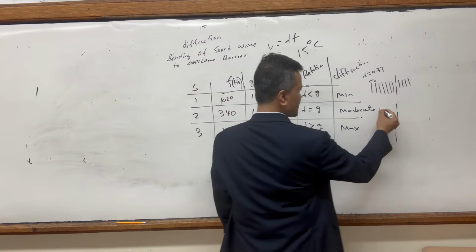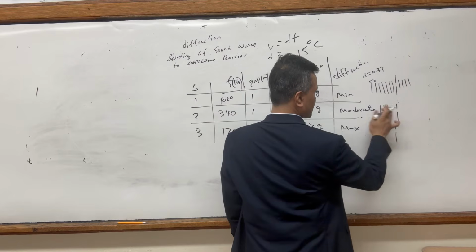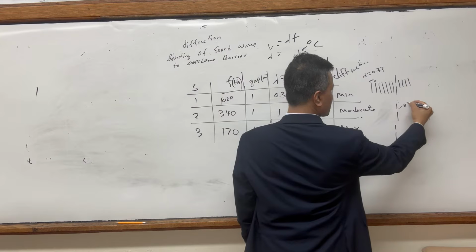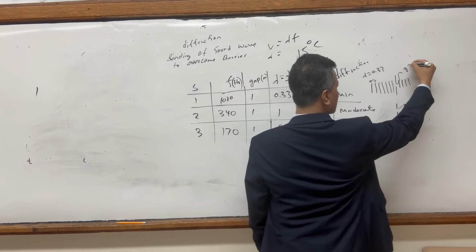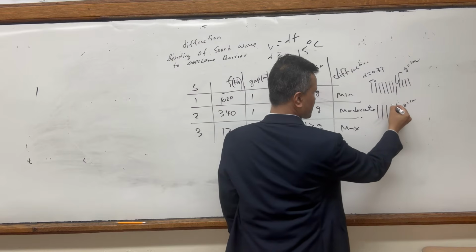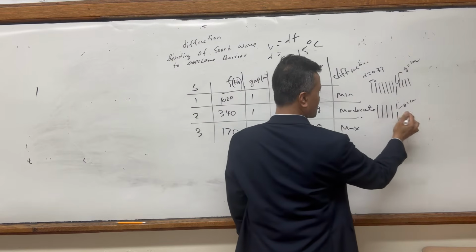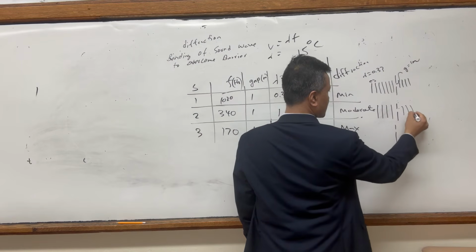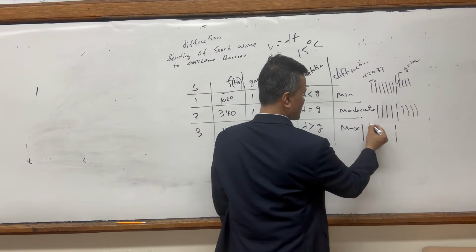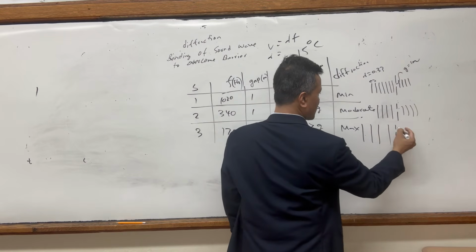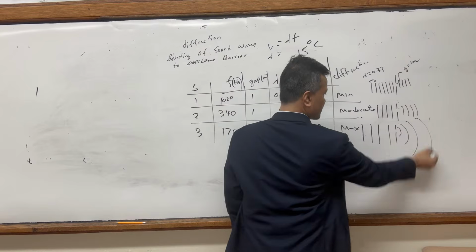The wavelength is 1, and the gap is 1 meter. So there would be some diffraction. So I'm going to draw those diffraction. So the wavelength is now 2 meters. So then the diffraction would be maximum.